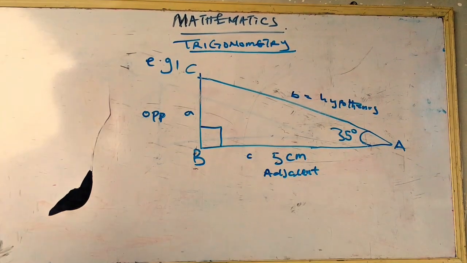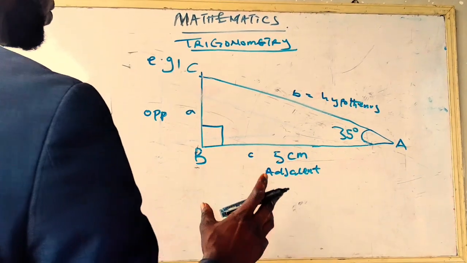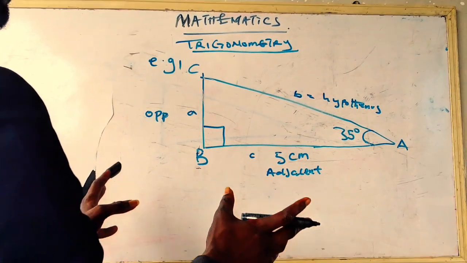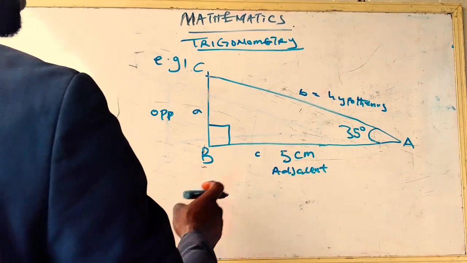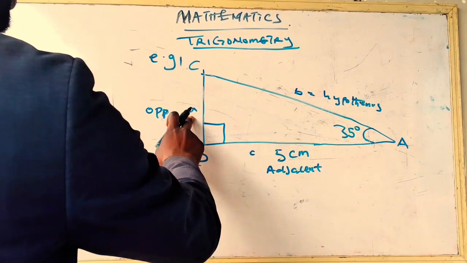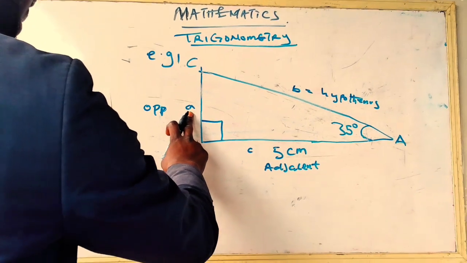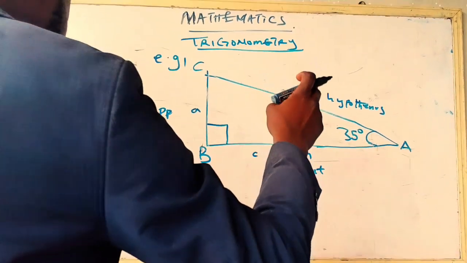Now, according to Pythagoras, which we could use to solve this question, because here we are required to find side a and side b.